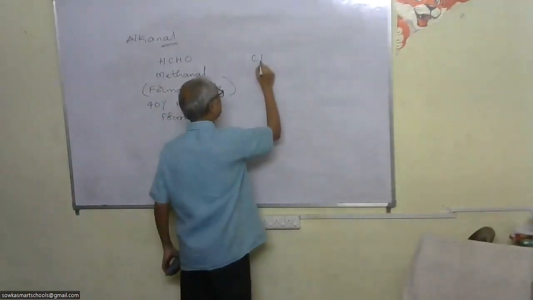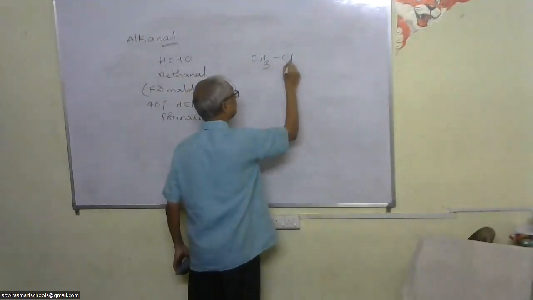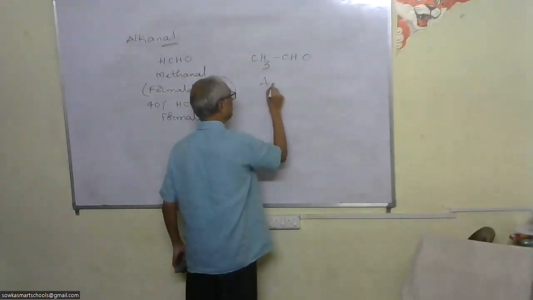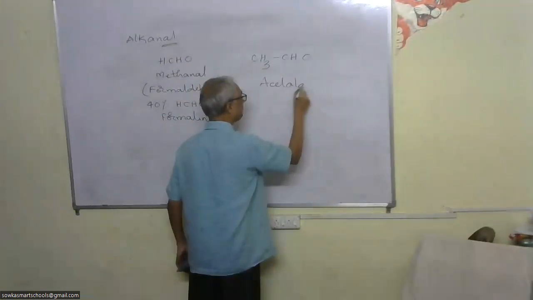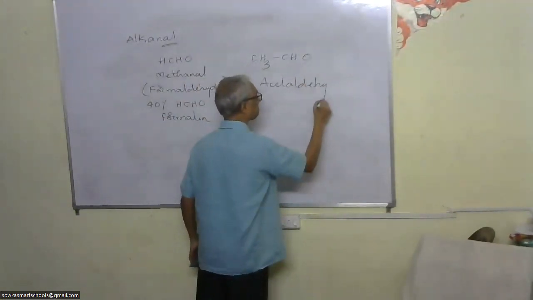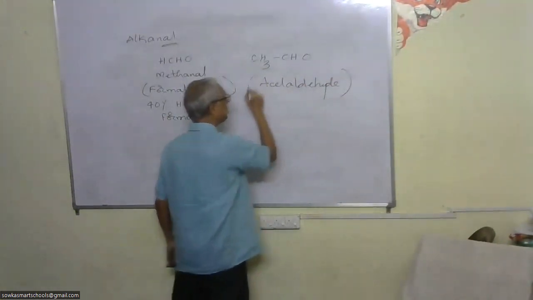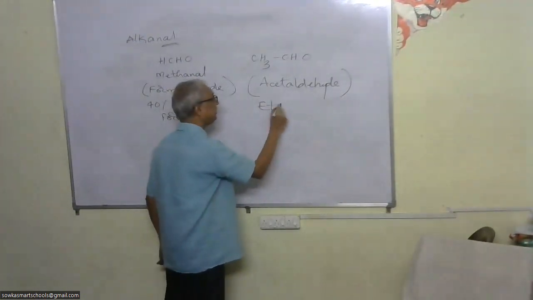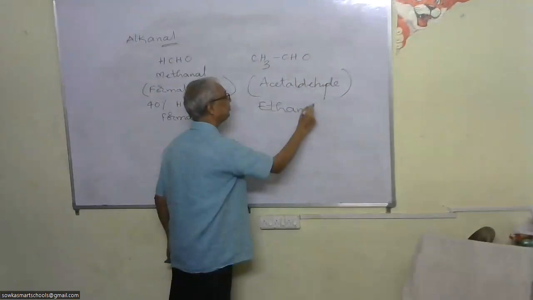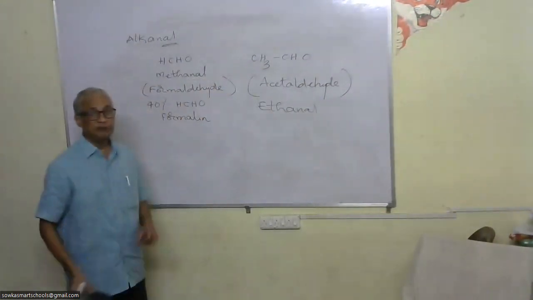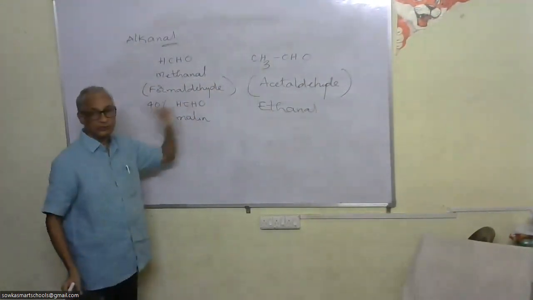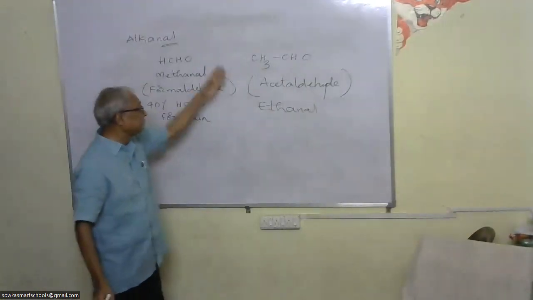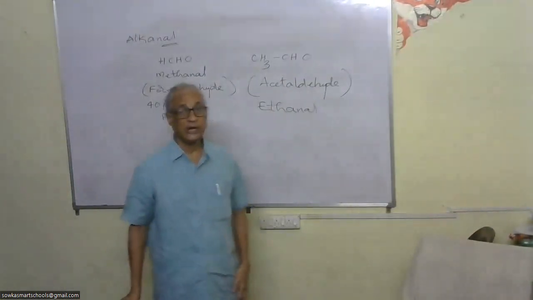Similarly, acetaldehyde, CH3CHO. This is acetaldehyde. Acetaldehyde is the common name, and ethanal is the IUPAC name. If I write in brackets, it is a common name, and outside the brackets, I write IUPAC.